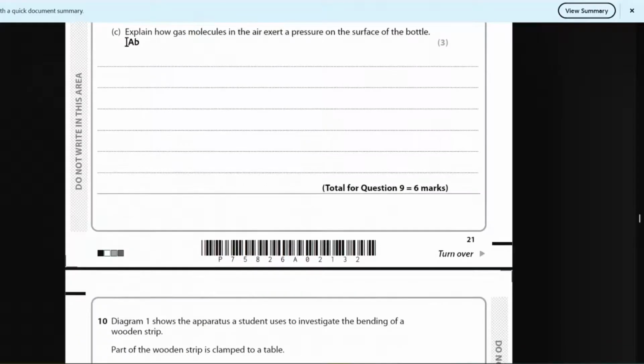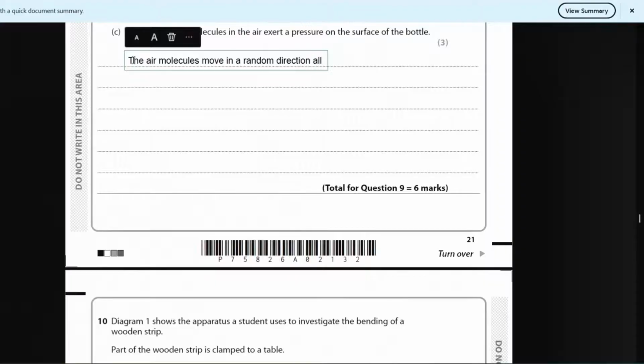Question C. Explain how the gas molecules in the air exert a pressure on the surface of the bottle. 3 marks are given. So let's think about this. We know that the air molecules are randomly moving all the time. The air molecules move in a random direction all the time.